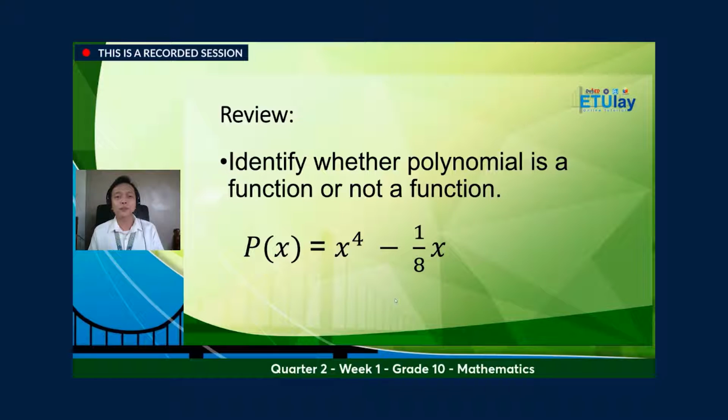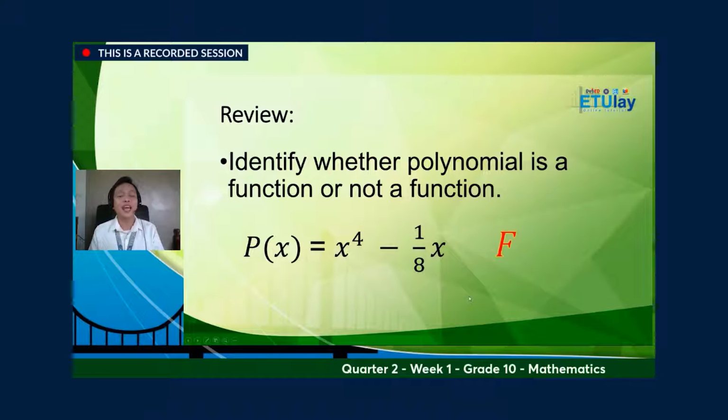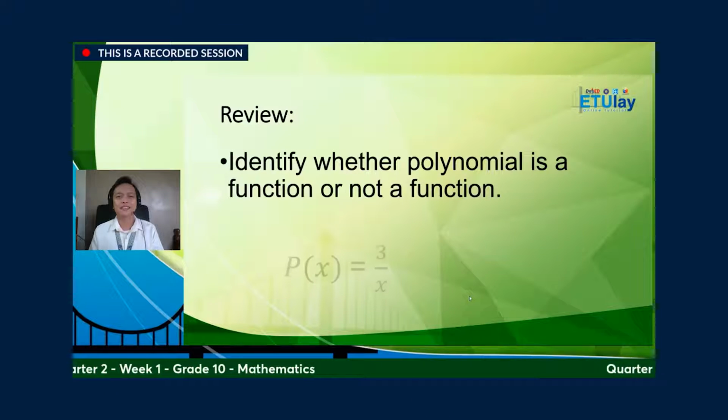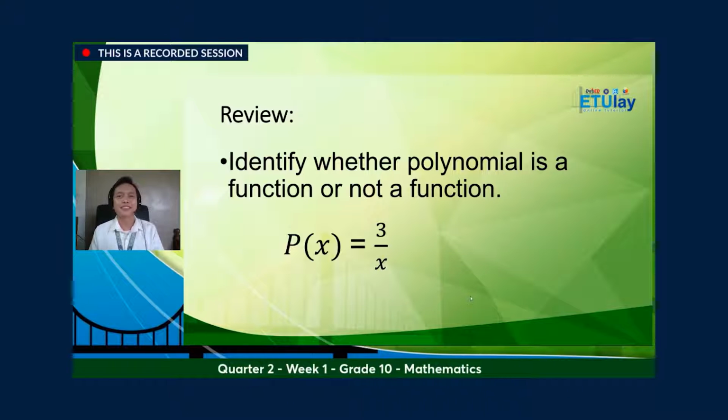Given number 2, P of x is equal to x to the 4th power minus 1 over 8x. What is your answer? The answer is F, function. Now let's have given number 3. P of x is equal to 3 over x. Is it a function or not a function?